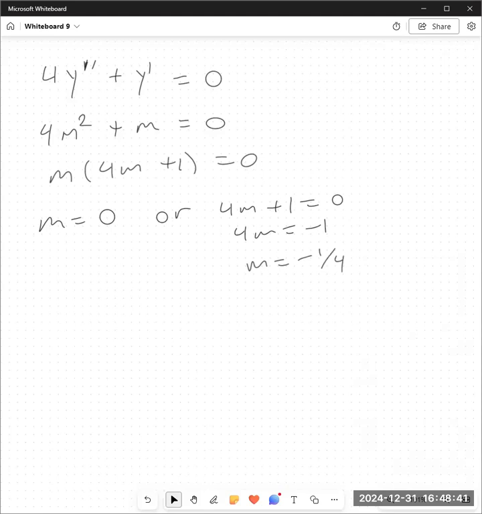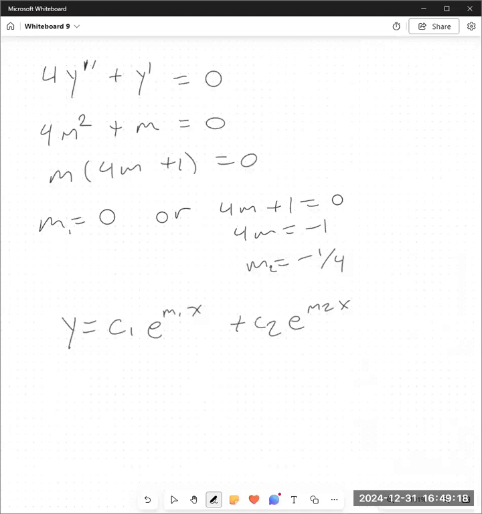When I have distinct solutions like this, I'll call this one m1 and this one m2, then I have a solution that looks like c1 e to the m1x plus c2 e to the m2x, so on until I run out of distinct solutions. We'll have another case coming up where I have repeated solutions, and these are both real solutions, so distinct real solutions, repeated real solutions.